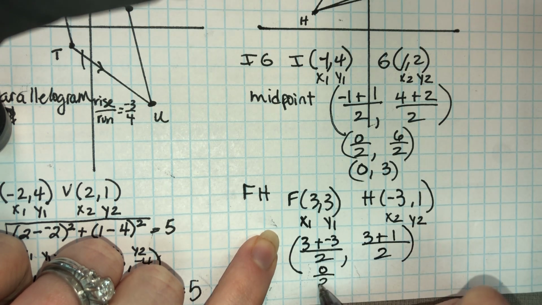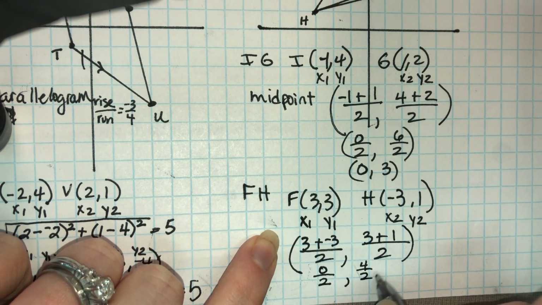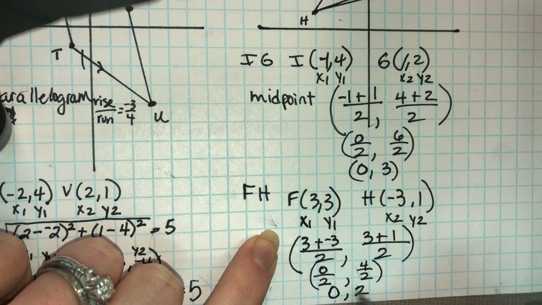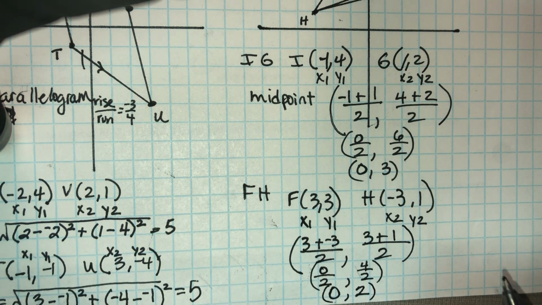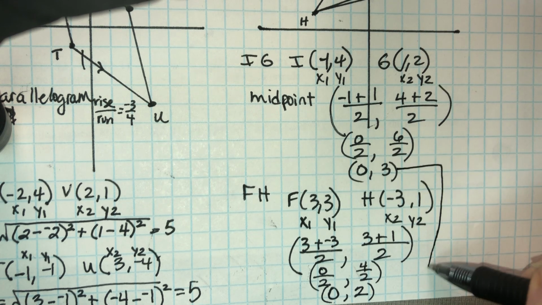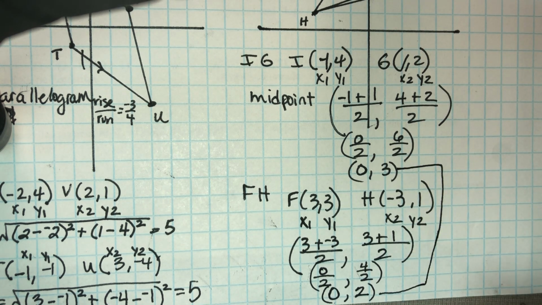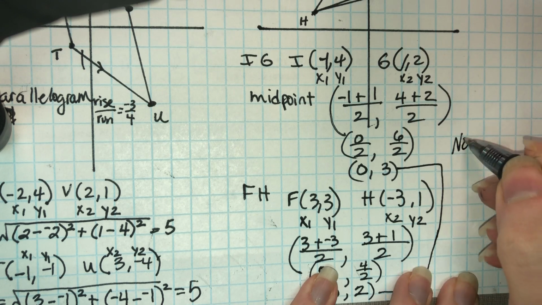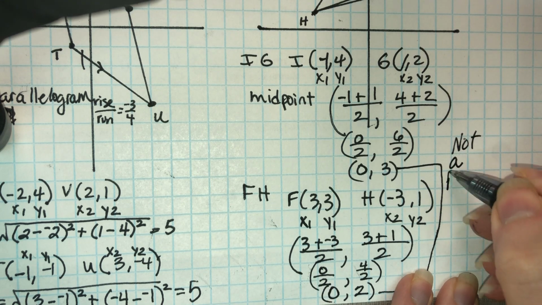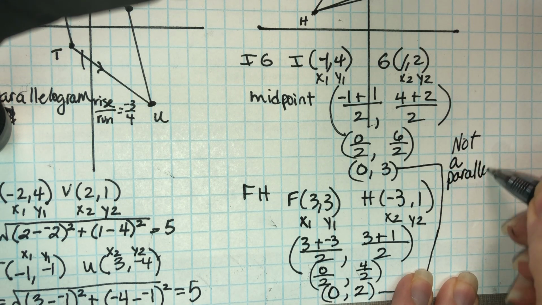So 0 divided by 2 and 4 divided by 2. So 0 divided by 2 is 0, and 4 divided by 2 is 2. So the midpoint of FH is 0, 2. These points are close, but they are not equal. So this means this one is not a parallelogram.